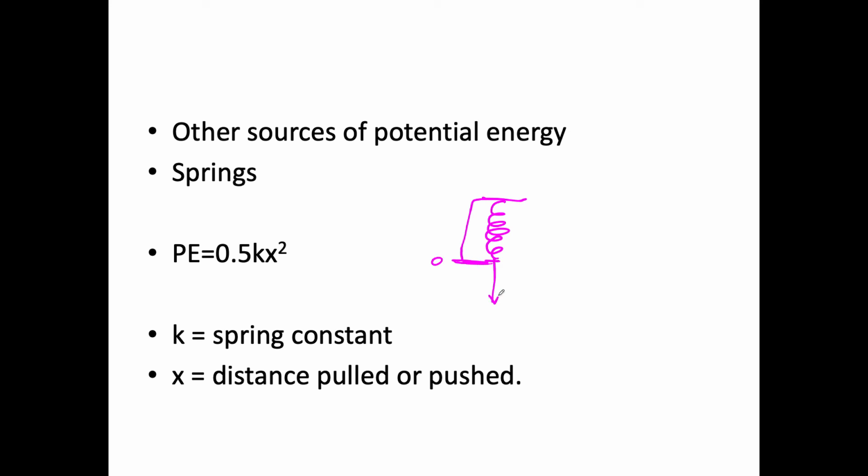If we pull this way to stretch it out, the distance that we pulled is from here to here, and when we do that, we're giving it potential energy. If we push it in to this point, this is x, the distance that we pushed it in. We're actually pushing in the spring, giving it potential energy. And this is what that means: 0.5 times k, a constant, times x squared.